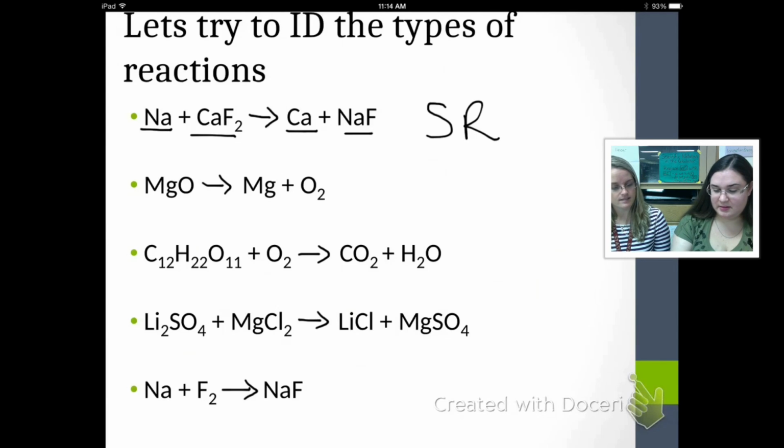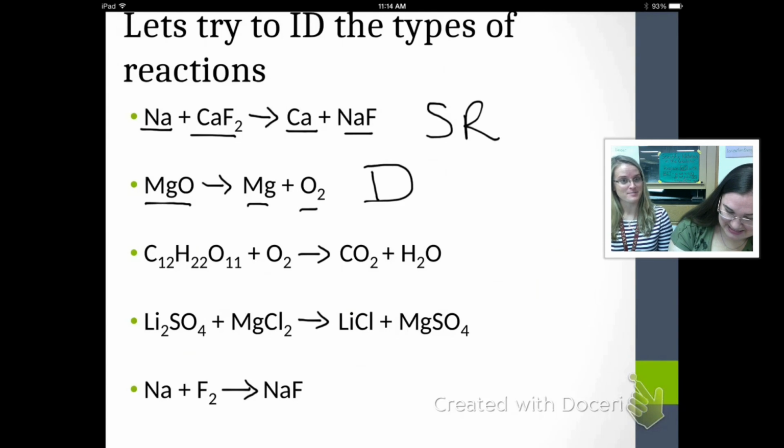Okay, next one. We have just one compound breaking apart into two elements. Breaking apart. It's like you're using all these key words on me. Like breaking down. So I'm going to say decomposition. Decomp. All right. Yay!